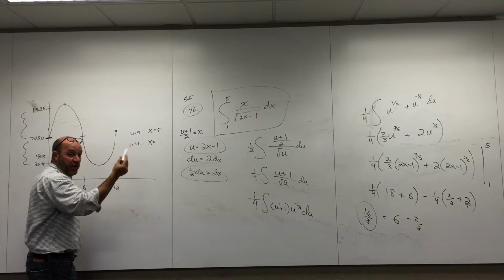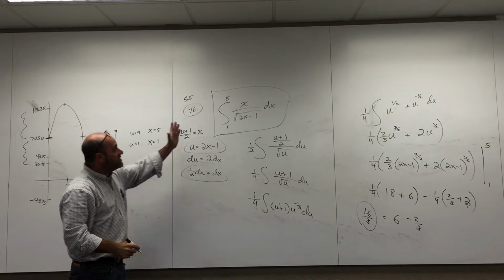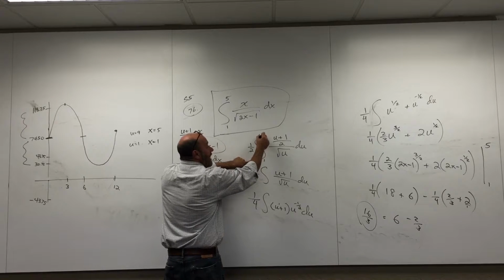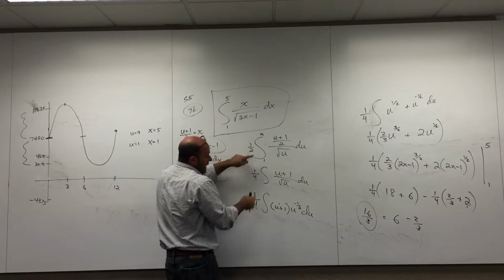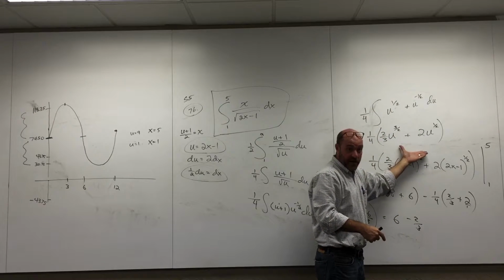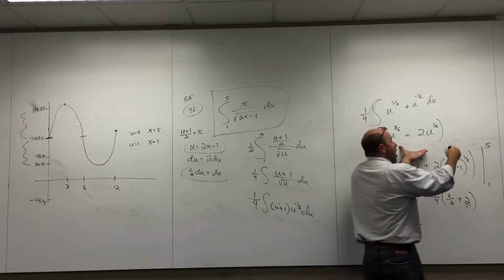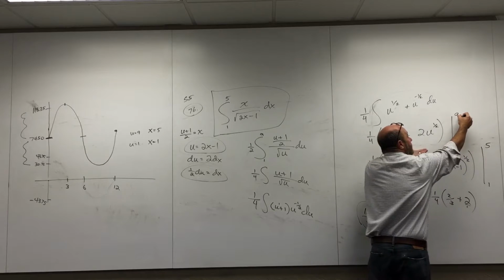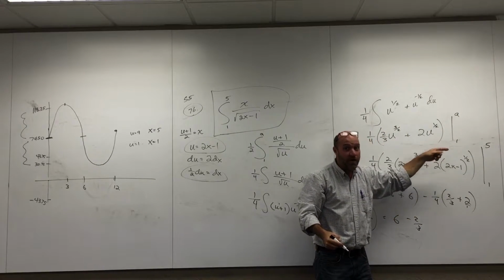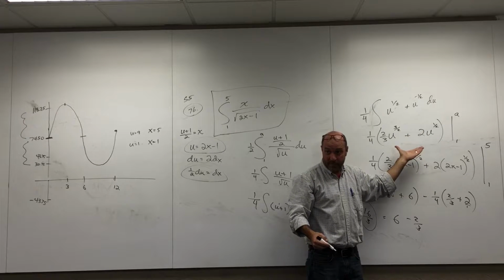So what I could have done is, once I change this into u's, it's okay to put the 1 to 9 here if I wanted to. And then I could carry that all the way down. Now hold on, when the integral gets done, which is here, I can evaluate this from 1 to 9, because these are u bounds, and I can plug them in for u. You with me, right?